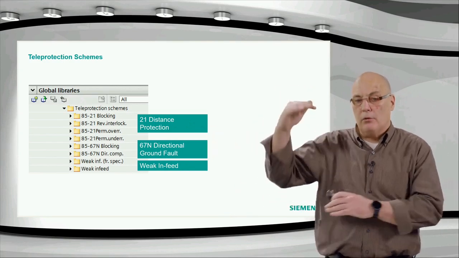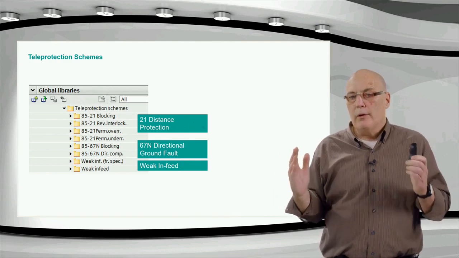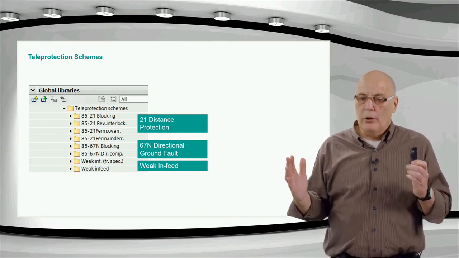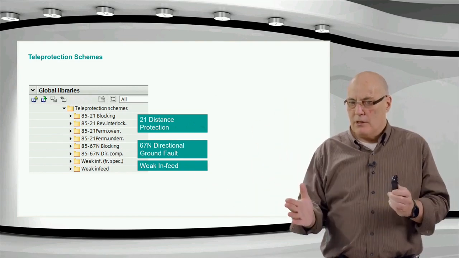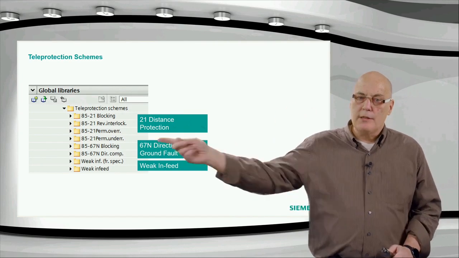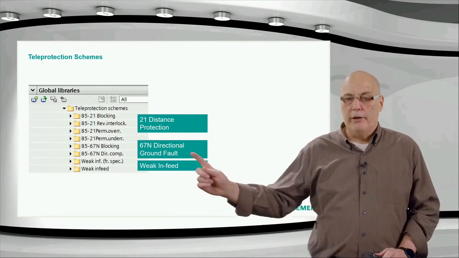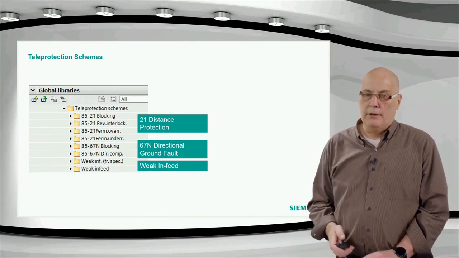Remember, the symmetry requirements, X to R and so on, are limited. If you run into difficulties with the R to X of a distance protection, don't try and overstretch this. Say, okay, I accept the boundary for the distance protection, and I use the 67N to take over for the resistance. It is very, very effective for the high resistance ground faults, also with the teleprotection scheme.